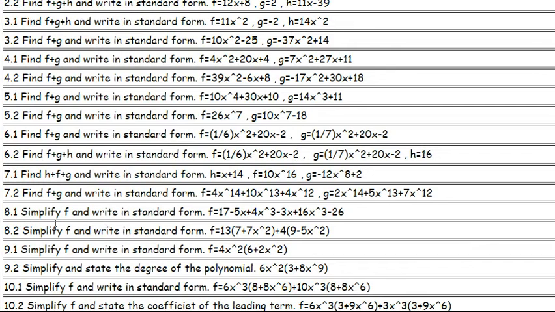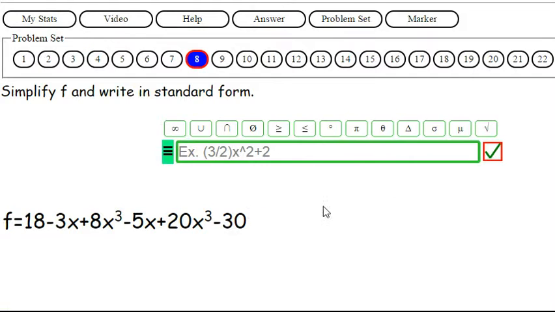Simplify F and write in standard form. There's a simplify hidden in there, I guess. Alright, well, anyway, this is just something a little different. Nothing too complicated.